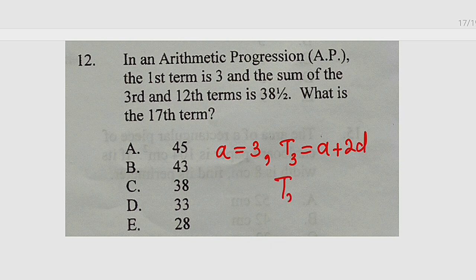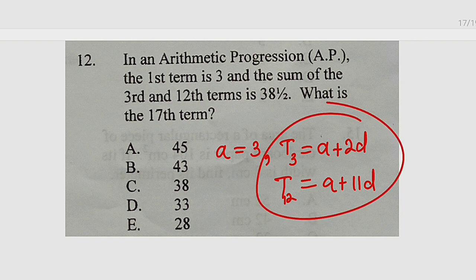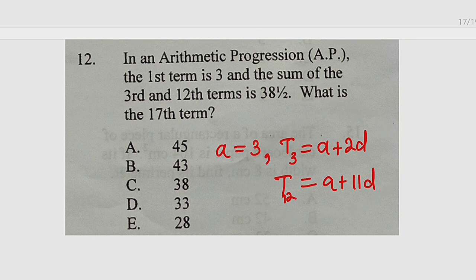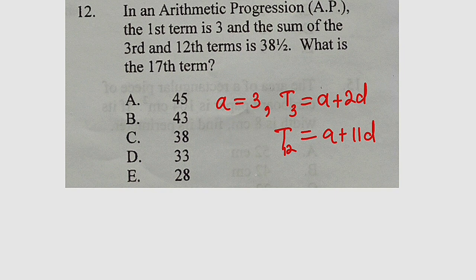Then the 12th term, term number 12, is equal to A plus 11D. But we know that A is equal to 3, so we have to find the common difference. They say if we should add these two terms together, we're going to obtain 38.5. So let's add them together. The third term is A plus 2D, but A is 3, so we have 3 plus 2D.